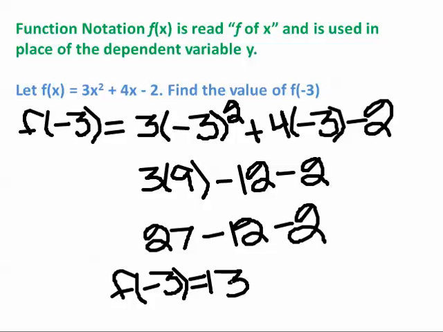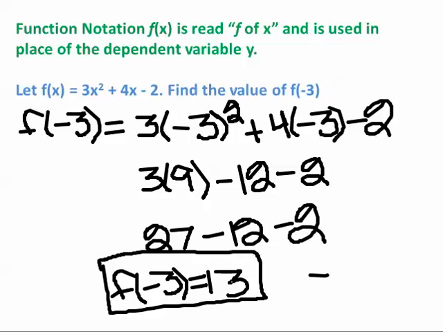Here's your answer. I'm going to help you take this a step further. All right, your x was negative 3. You found f of negative 3 to be 13. That's your y value because remember, your f of x is the same thing as y. So there's your coordinate point. That's how you can take this and make it into a coordinate point.